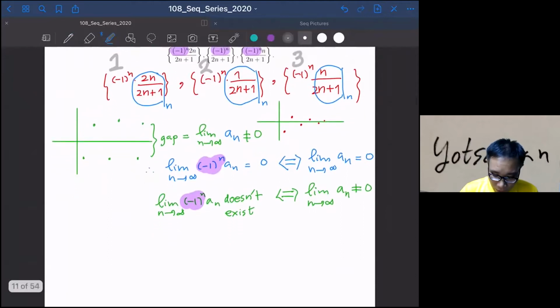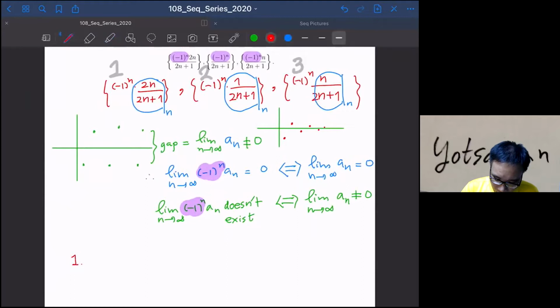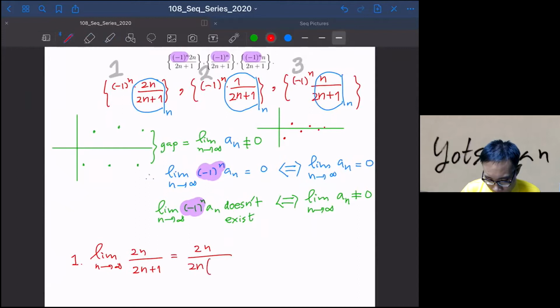For the first guy, you have the limit as n goes to infinity of 2n over 2n plus 1. This is going to be 2n over 2n times 1 plus 1 over 2n. So you have n times 2 plus 1 over n, and it becomes 2 over 2, equal to 1.